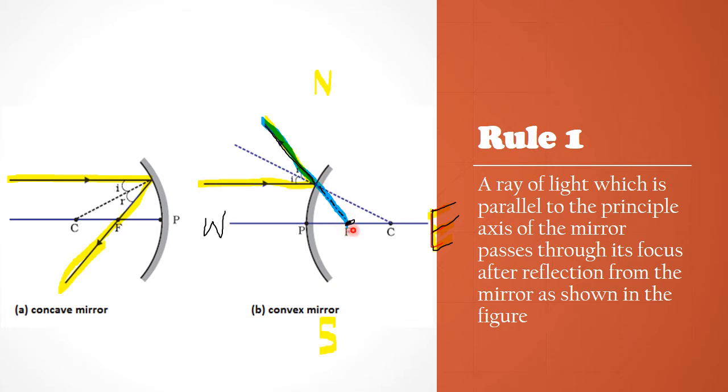It looks like it is coming from this point F. So it appears to be diverging from the focus. For the convex mirror, the first rule states that when an incident light moves parallel to the principal axis, after reflection, it diverges from the focus. Is it clear?